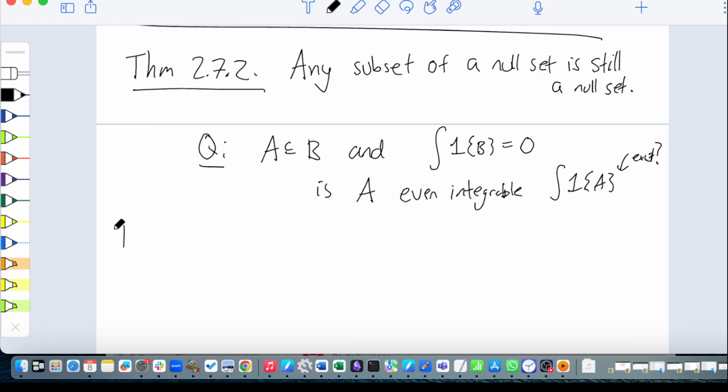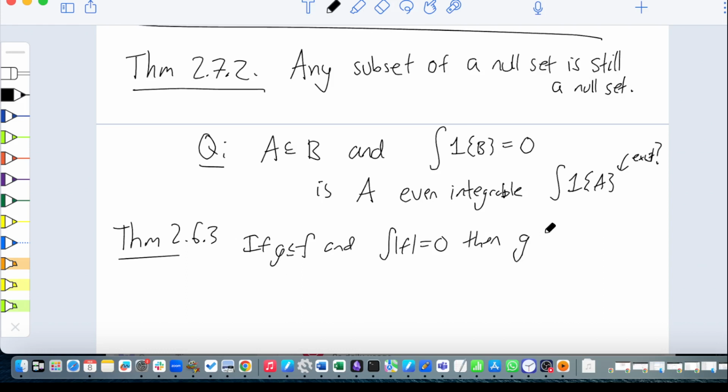Let me translate it. In the textbook it's written with functions. There's some 2.6.3, and they say if g is less than f, and the integral of f equals 0, then g is integrable, and the integral of g equals 0 in absolute value.